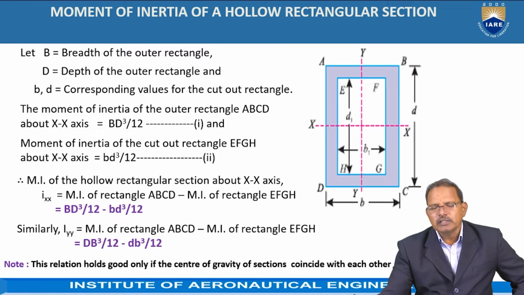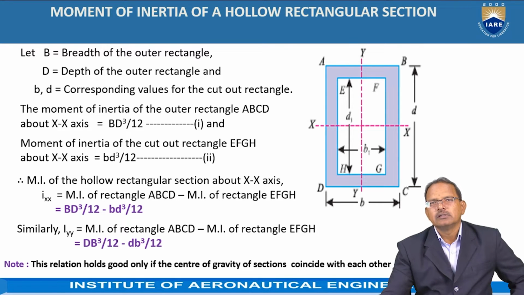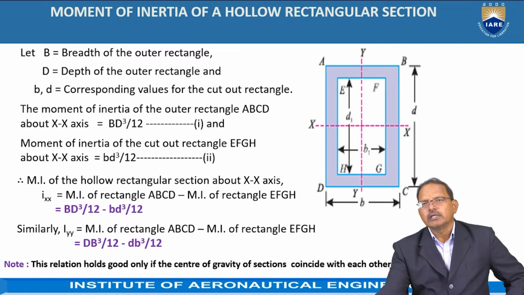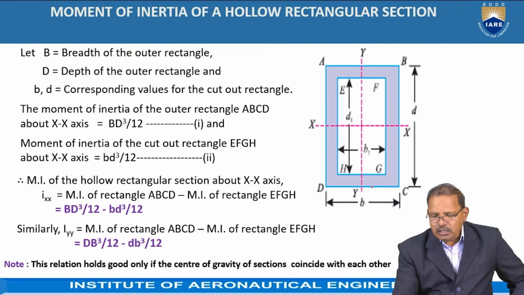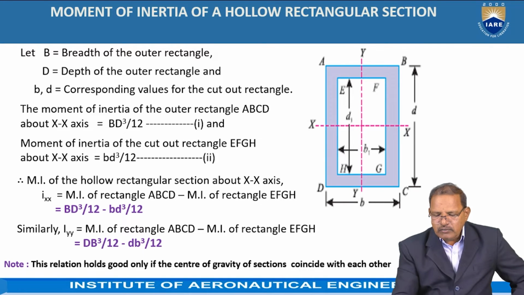Similarly, the moment of inertia of a hollow rectangular section. Let capital B represent the breadth of the outer rectangle, and capital D represent the depth of the outer rectangle, as shown in the figure.